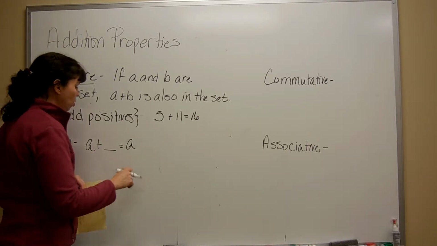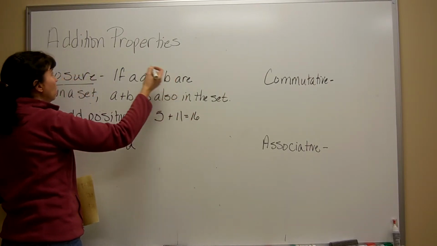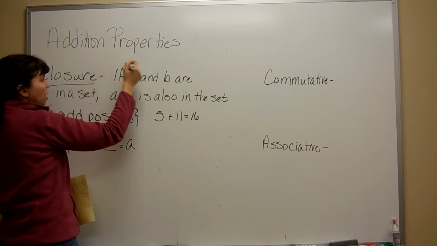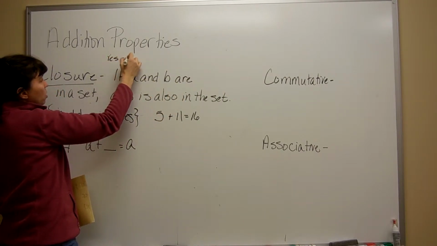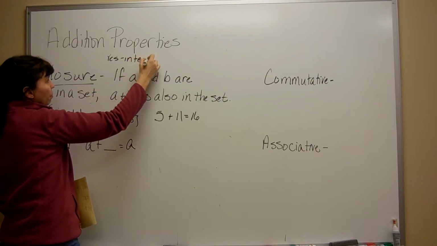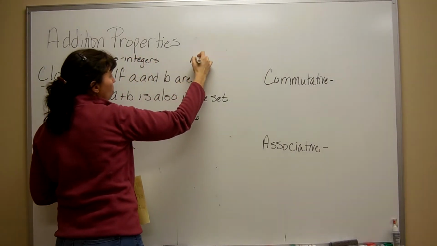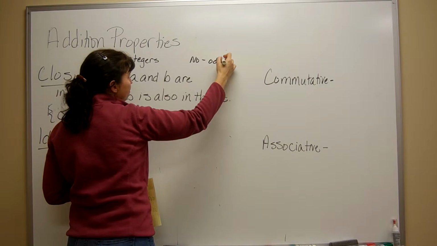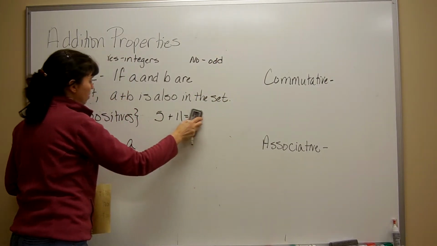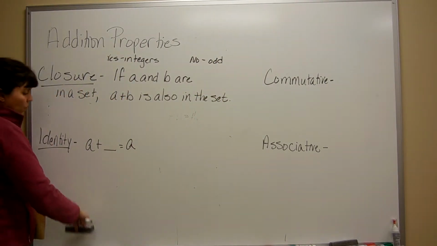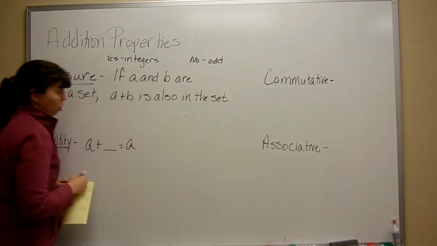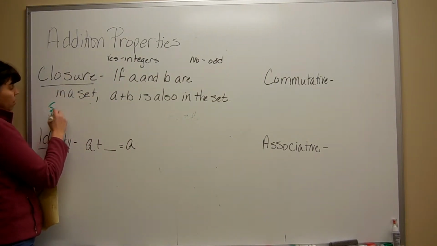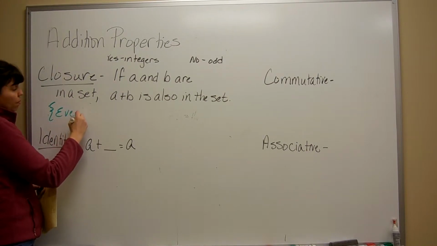Okay? So closure worked for, it was a yes, I shouldn't have written everything on the board yet. Yes for integers, no for odd. Okay, let's try something else. What if we had even integers? Let's say we started with even integers.